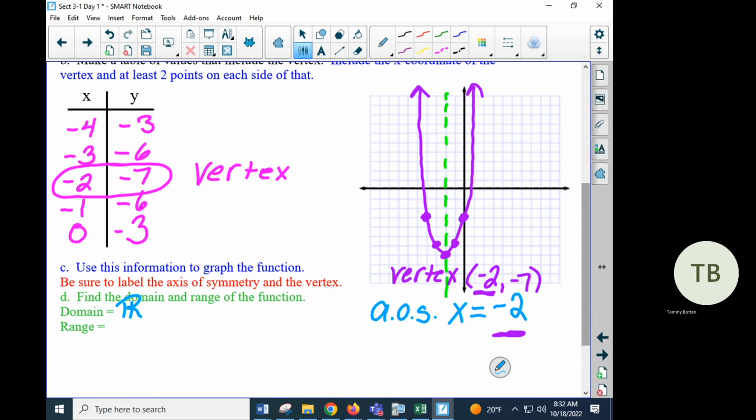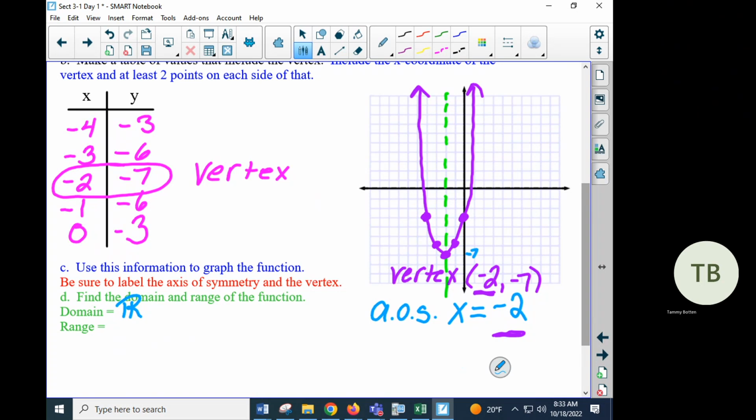Your range, however, is never going to be all real numbers. What that is going to be is what y's your graph is defined for. And if you go across, this is the smallest y that I have a point for. And then every y up from that will have a point. This point is (-2, -7), so right here is -7.